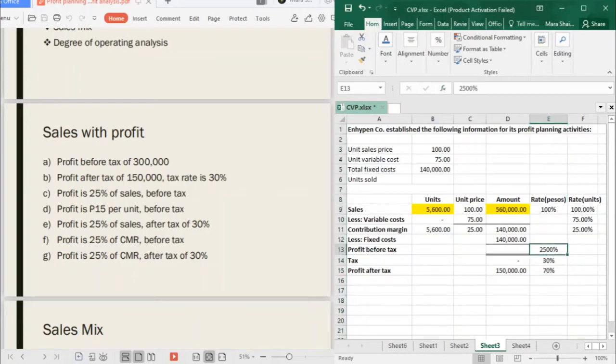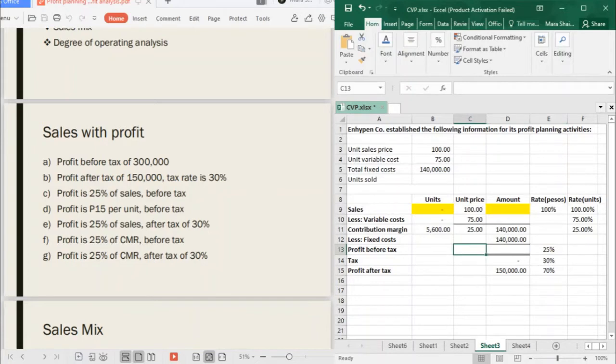Wait. Change this whole column to percent. So there. You know that you already have a profit rate of 25%. Now, given only the data here, what can you use to arrive at sales? You know that 25% of your sales is profit.